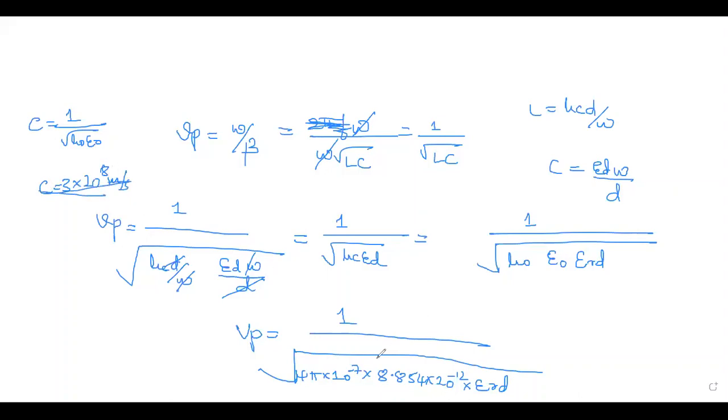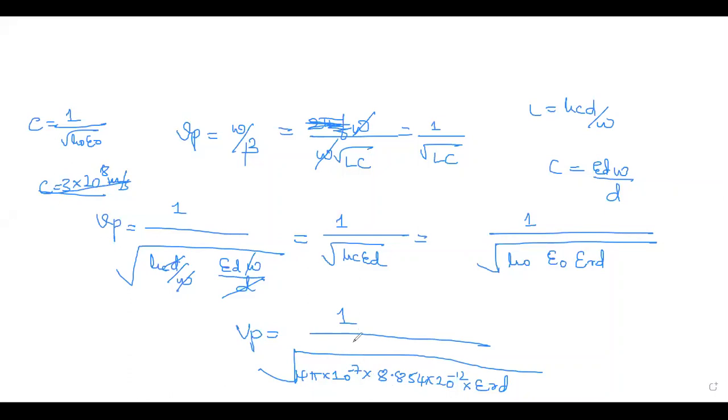Just check whether you're getting it: 1 by square root of this value. You have done 1 divided by that, right?